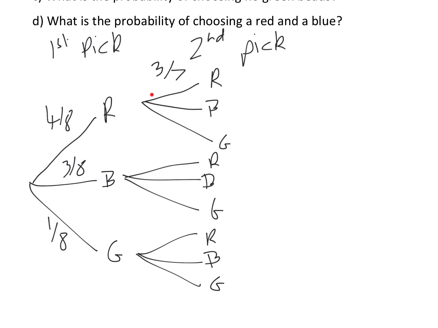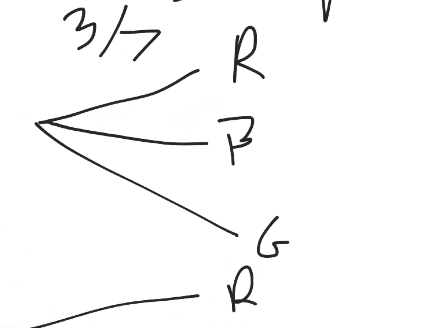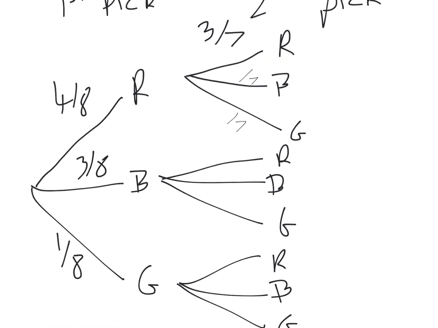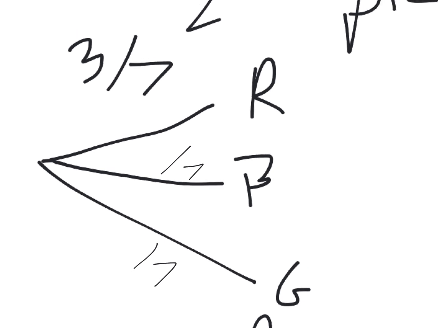Let's say we get red and blue. If you pick out 2 and look at the first one and it's red, then you know there's only going to be 7 left. Definitely only 7 left. Chance that it's blue is going to be 3 because you didn't pick out any blue, so there's still 3 left. Chance that it's green is 1 because you didn't pick a green out in the first go.